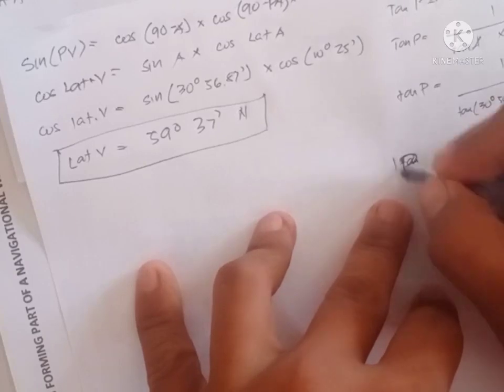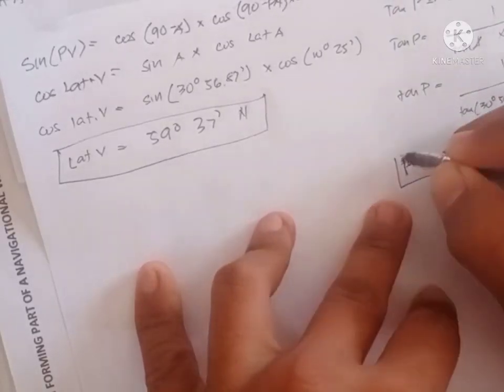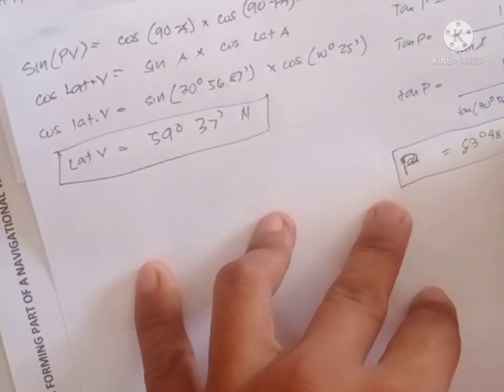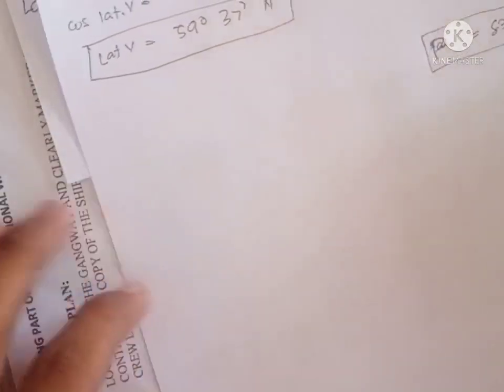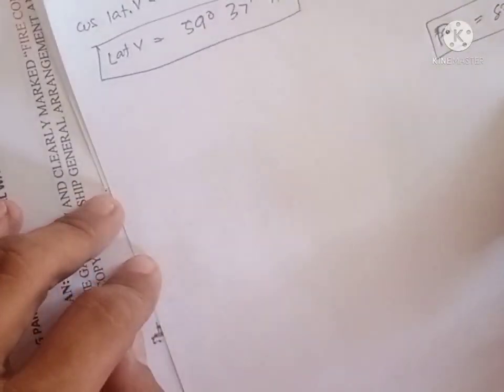So here is our P now. So after computing the lat V and lat A, next thing to do is to find our D long.